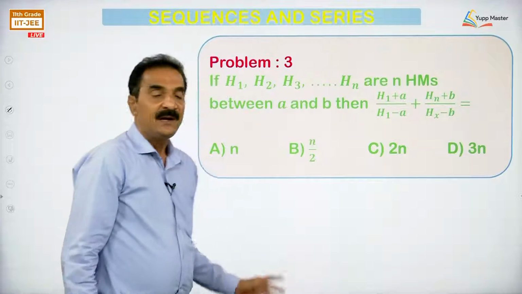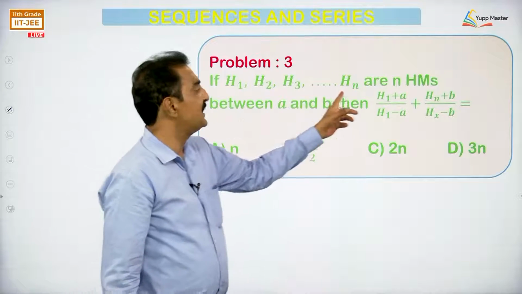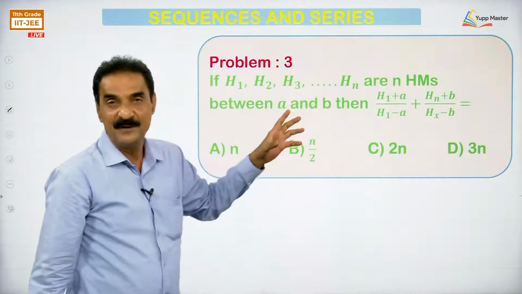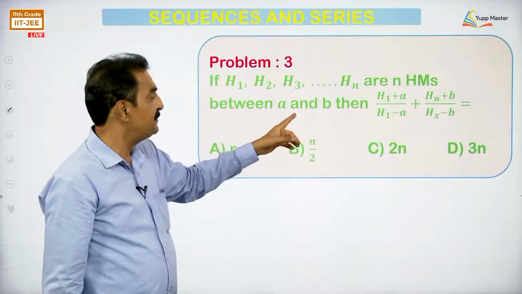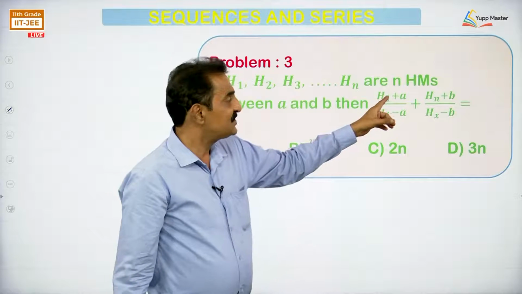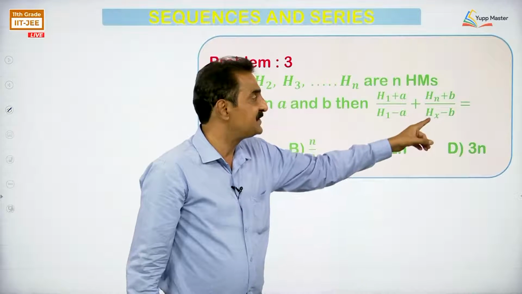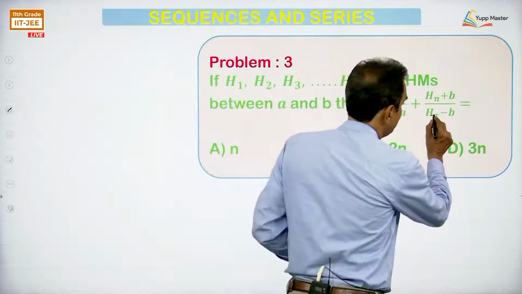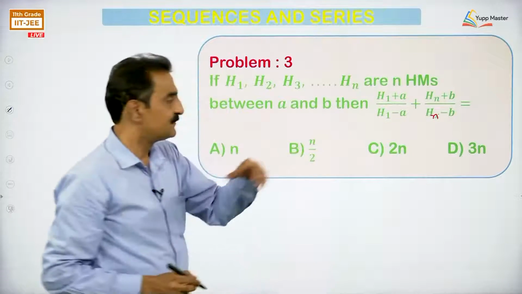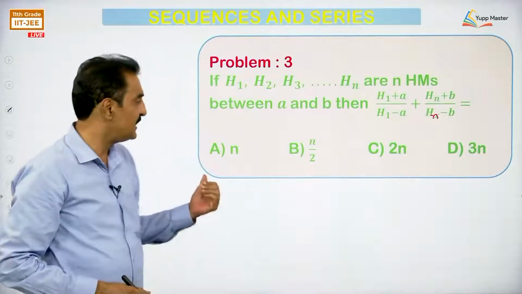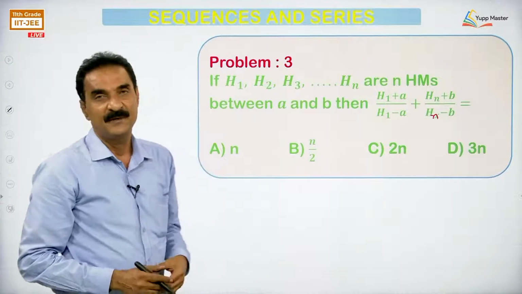If H1, H2, H3 and so on Hn are n harmonic means between A and B, then H1 plus A by H1 minus A plus Hn plus B by Hn minus B equals, 4 options are there: n, n by 2, 2n, 3n.